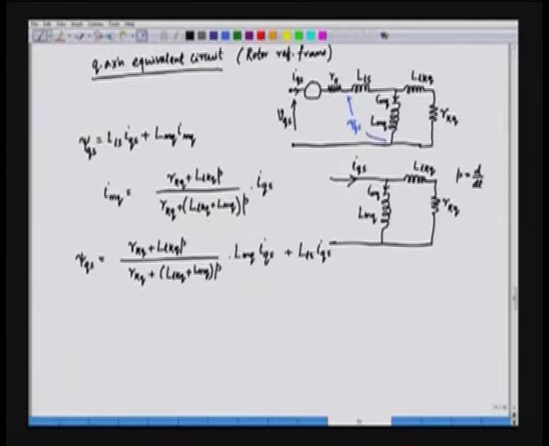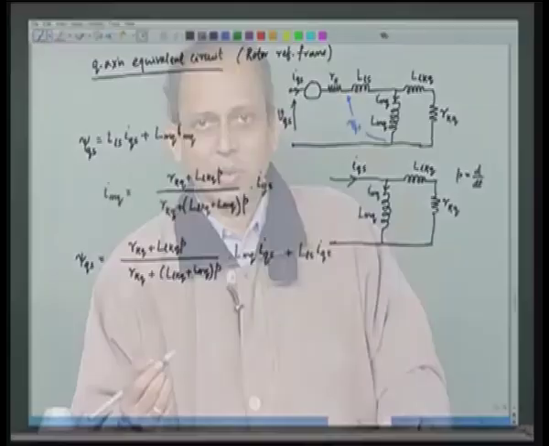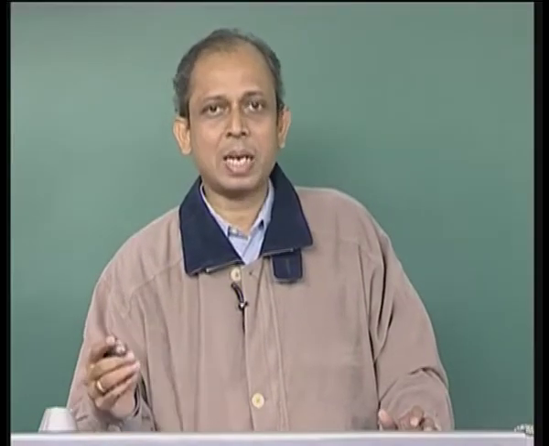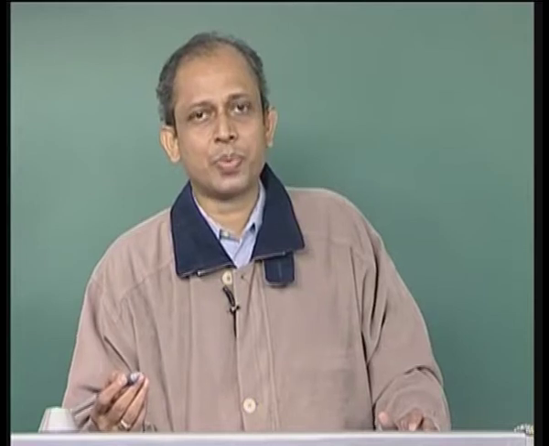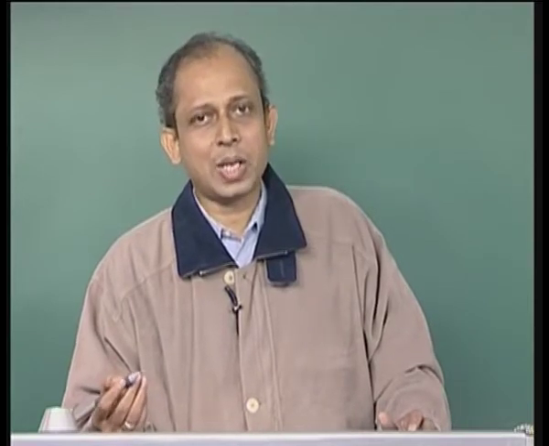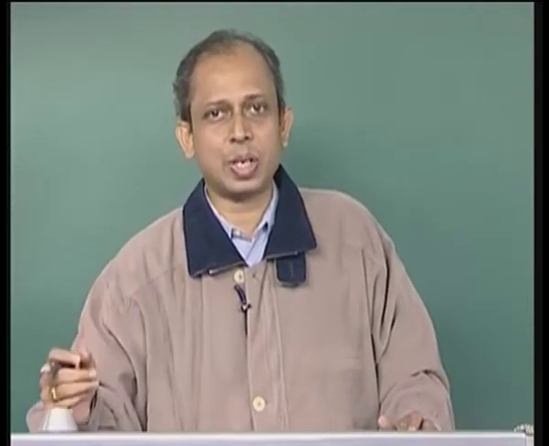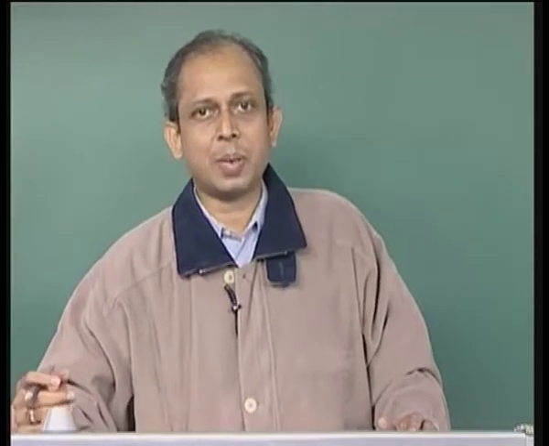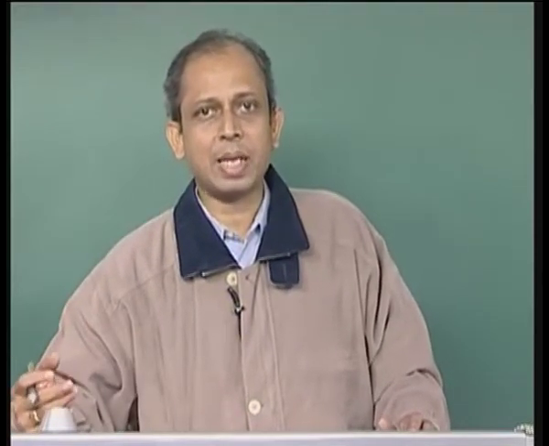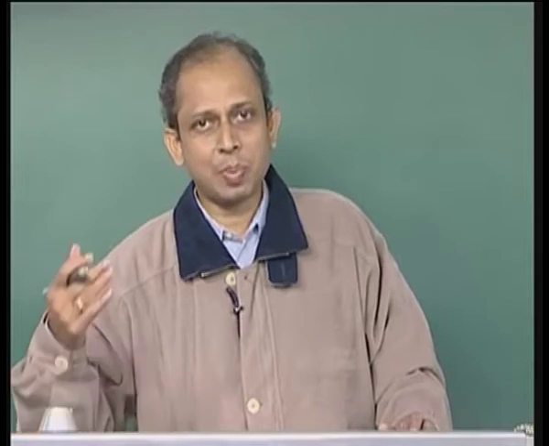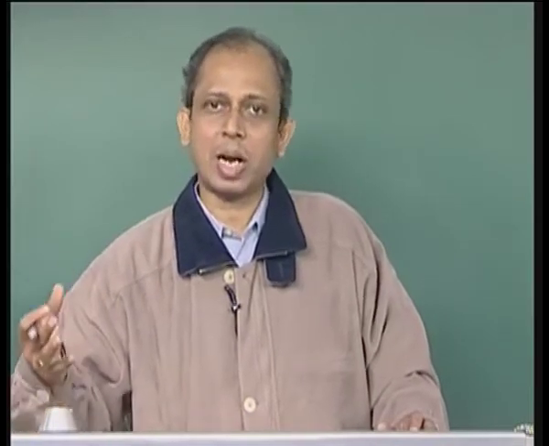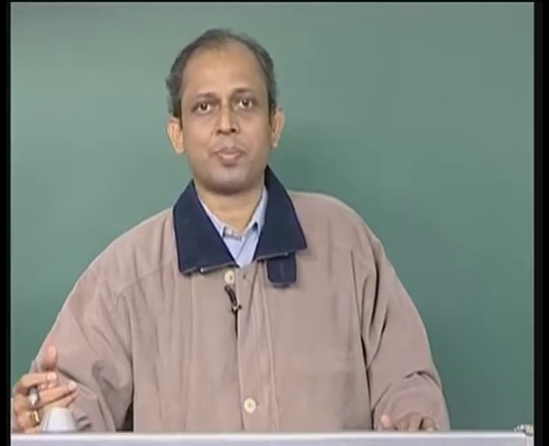Now, if we analyze this expression for psi QS, we see that in the right hand side, all the variables are known. The current IQS can be measured by having a Hall sensor in the armature. We can measure the various currents, IA, IB, IC, and once we measure the 3-phase current, we can transform it into the rotor reference frame into IDS and IQS respectively.